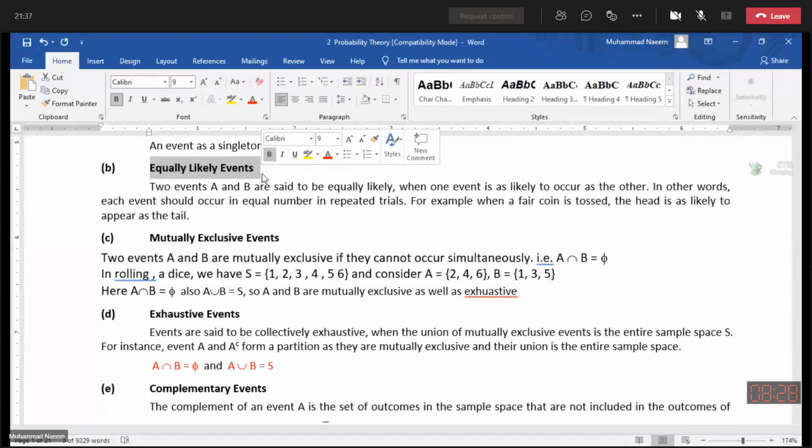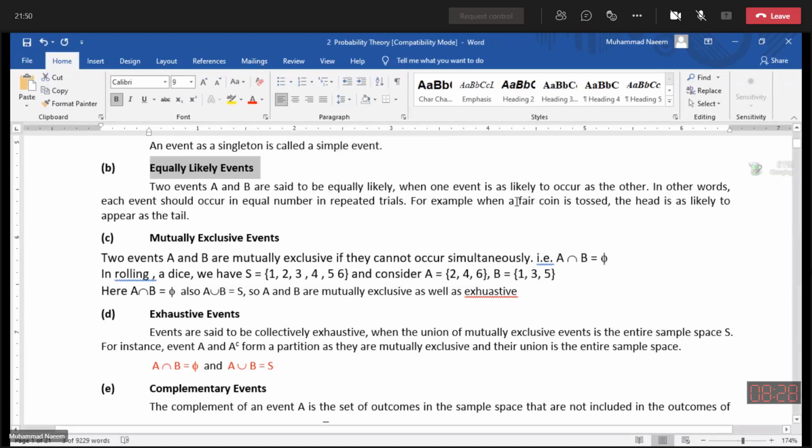For example, if a fair coin is tossed, we may have a head or a tail. As singletons, these are simple events, and they are equally likely because the probability of a head and the probability of a tail are the same.